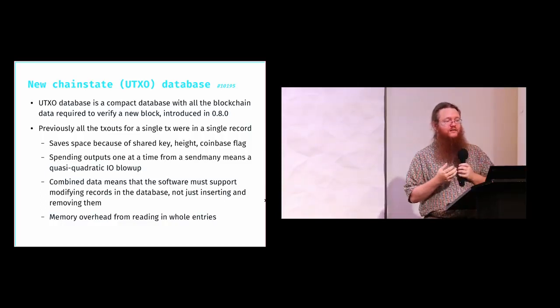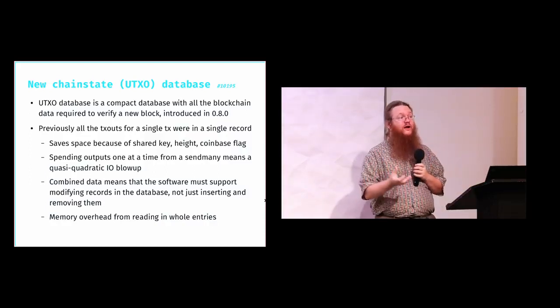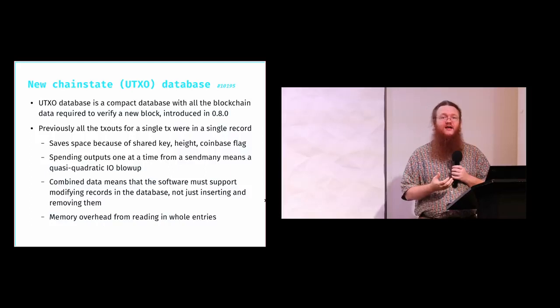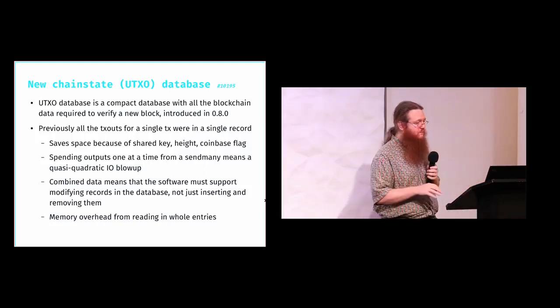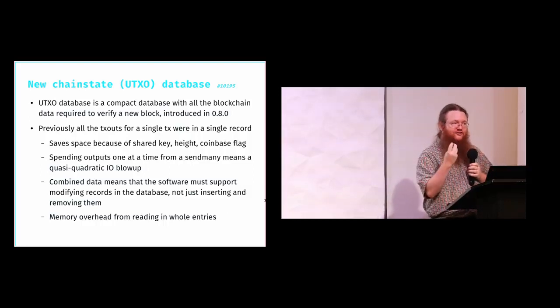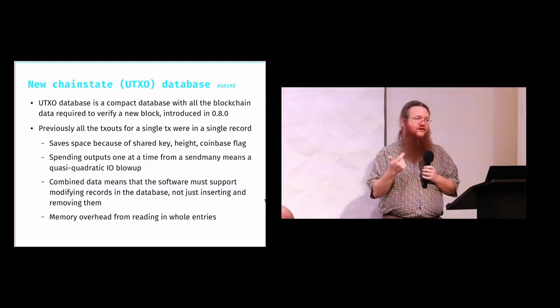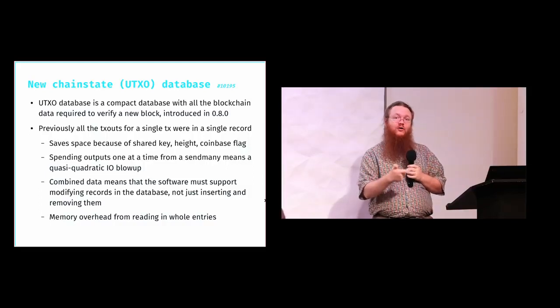And back at the time of 0.8, that was a much better way of doing it. It was much faster, in fact, at that time. But the usage patterns and the load on the Bitcoin network have changed. This batching together saved space because it shared some of the information, like the height of a transaction, whether or not it's a Coinbase transaction, and the transaction ID, which are all shared among all of the outputs.